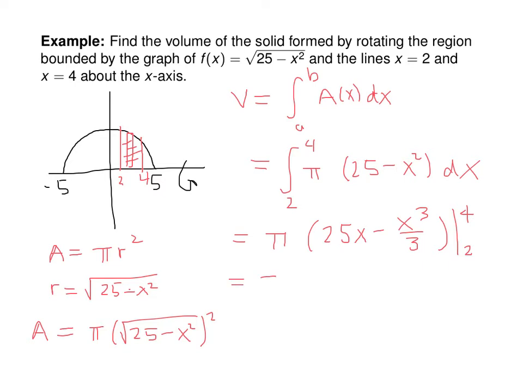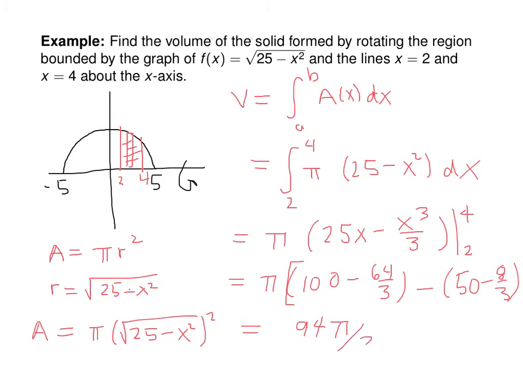So we'll have pi times 100 minus 64 thirds, minus 50 minus 8 thirds. And as long as you can do basic arithmetic, which is occasionally challenging, we get 94 pi over 3.